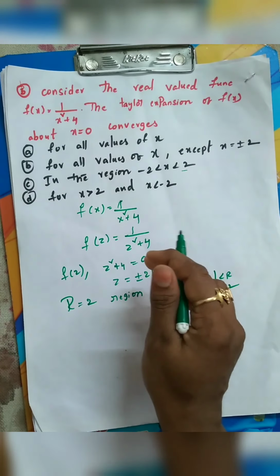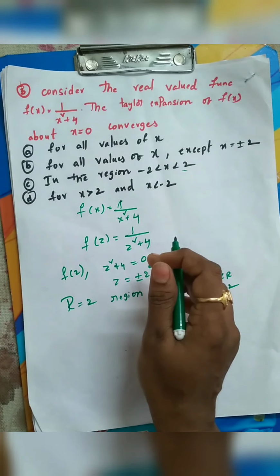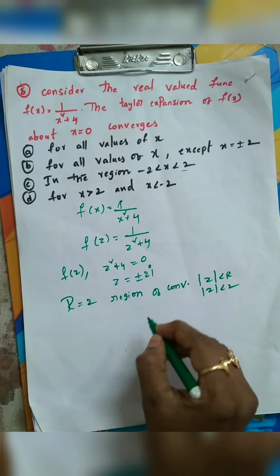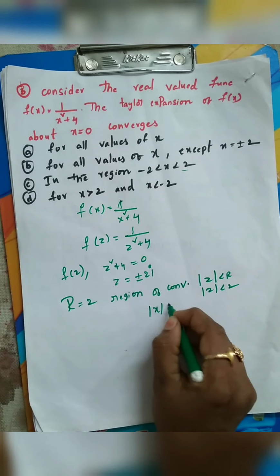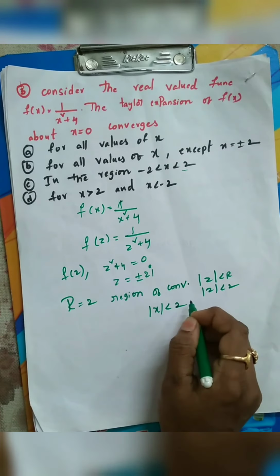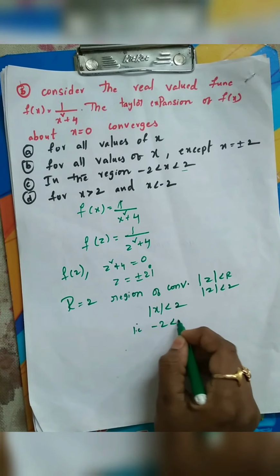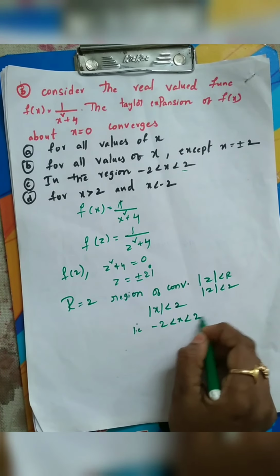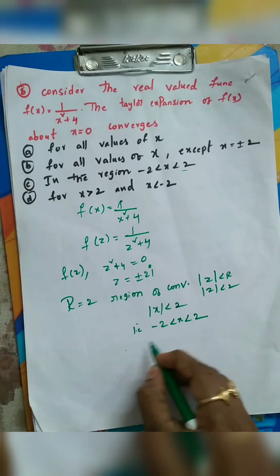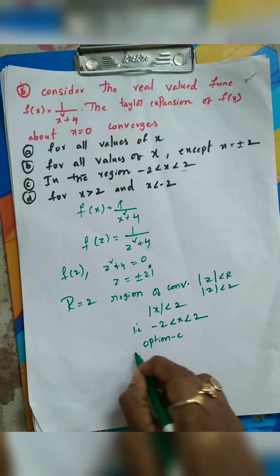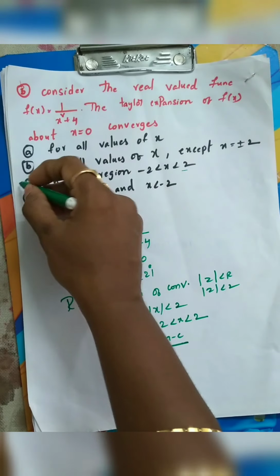Therefore, the Taylor series expansion of f of x about x is equal to 0 converges in the region mod x less than 2, that is minus 2 less than x less than 2. So the correct option is option C.